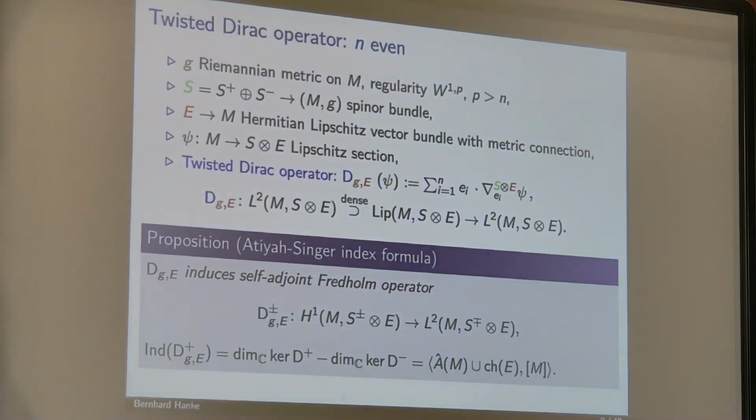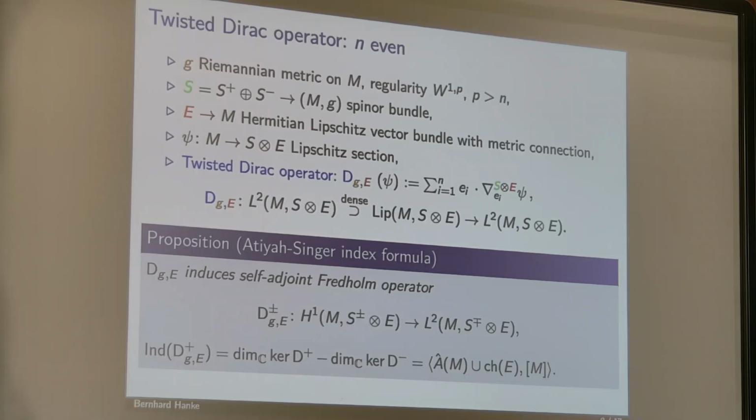For proving the Llarull theorem, we have to add one more ingredient to the picture that I've already shown you. Remember, G is a Riemannian metric, but now it's not smooth anymore. It's just of Sobolev regularity W1P. Then we have the spinor bundle, and I will now concentrate on the case of even n first.